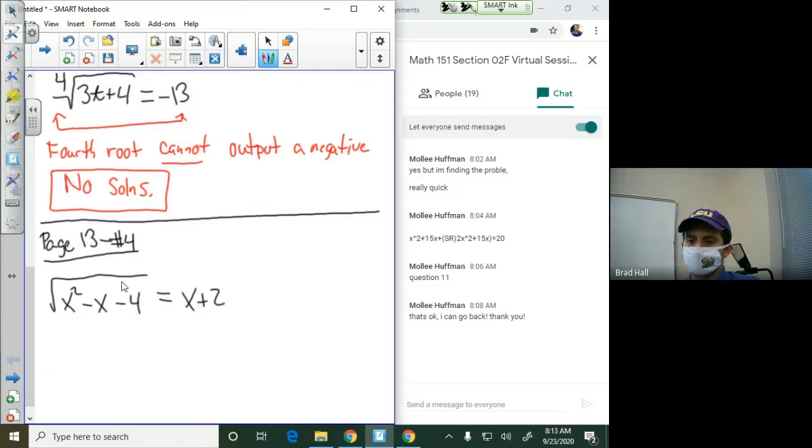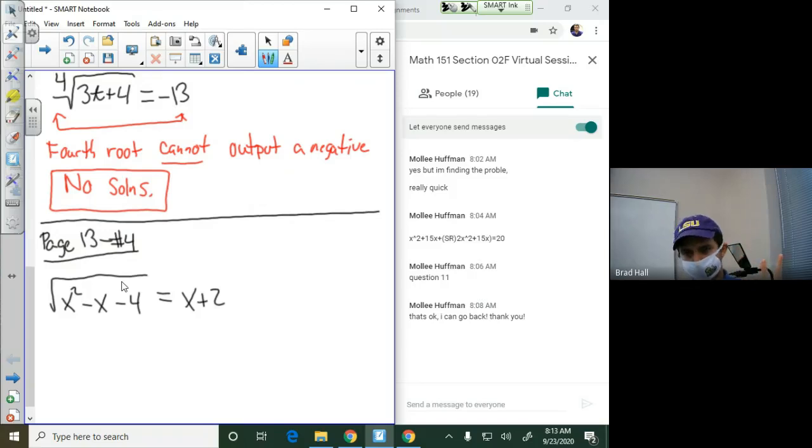So again, this is another radical equation problem because, well, there's a radical. So what do we do in radical equation problems? Generally, the first thing we try to do is isolate the radical. Well, this problem, it's already isolated. So step 1's already done.